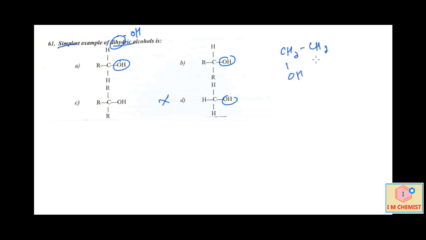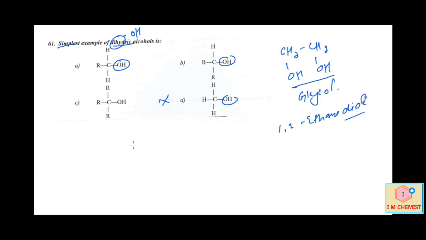If you attach both carbons with hydroxyl groups, it would be dihydric alcohol, and the common name for this is glycol, and you may write it 1,2-ethane diol.